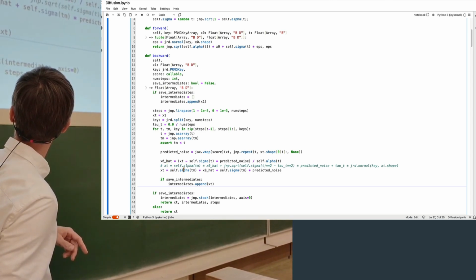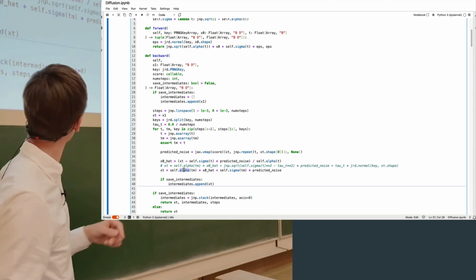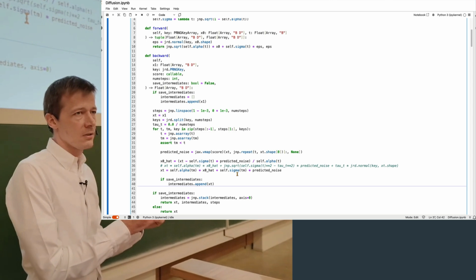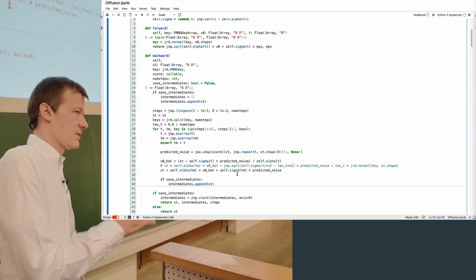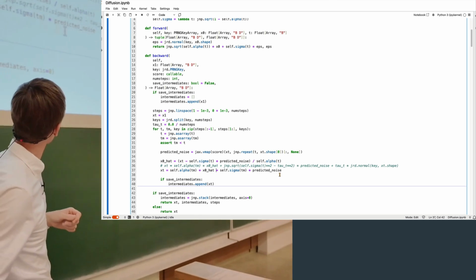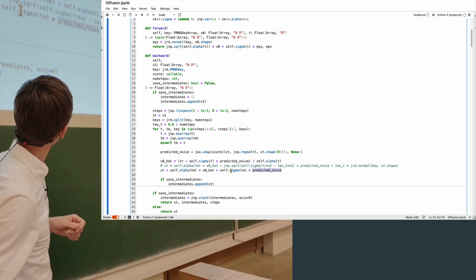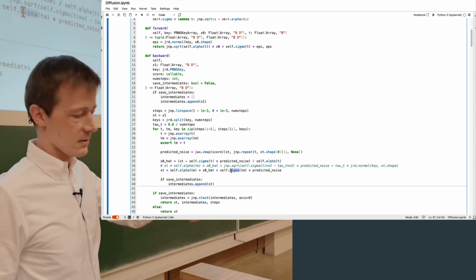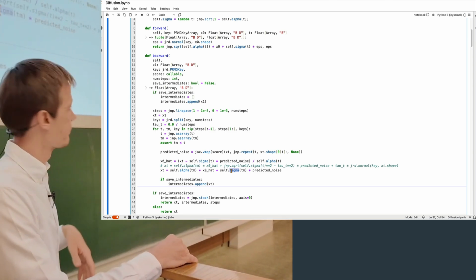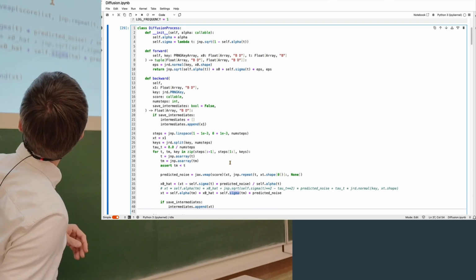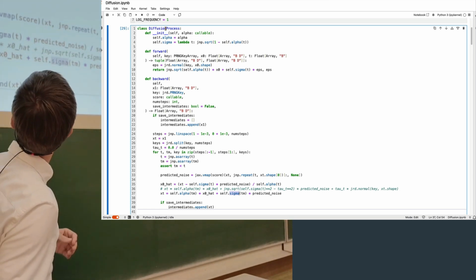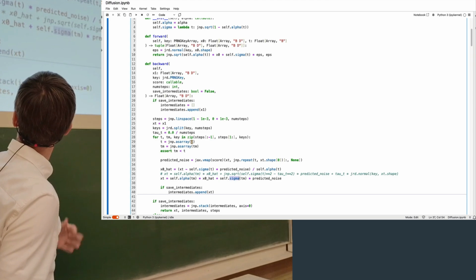So we evaluate the alpha schedule of our model times x0, plus the direction from x0 to our xt times the schedule for the noise. That's the square root of 1 minus alpha at t. And so sigma is just the square root of 1 minus alpha of t. It's up here. And that's it, right?